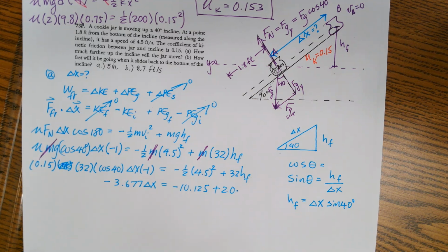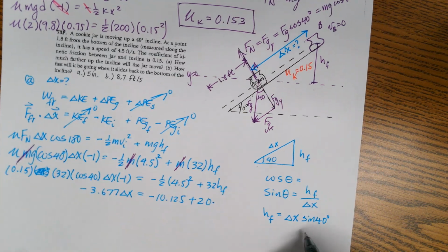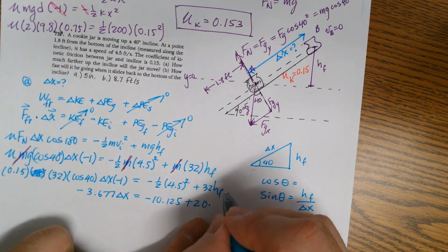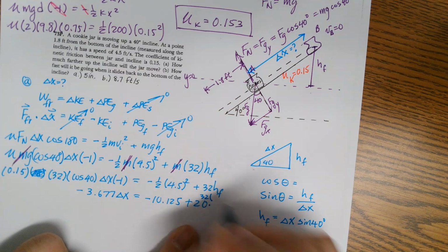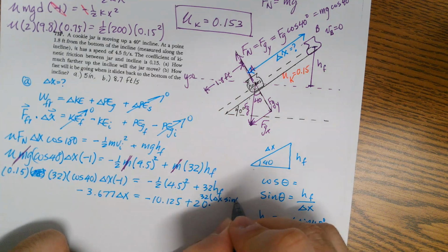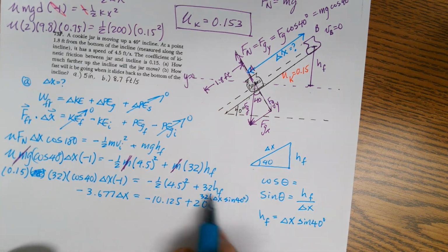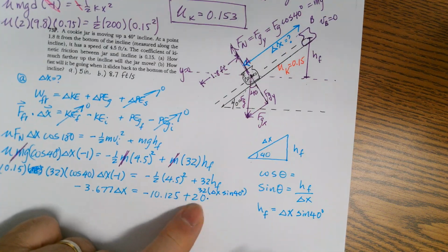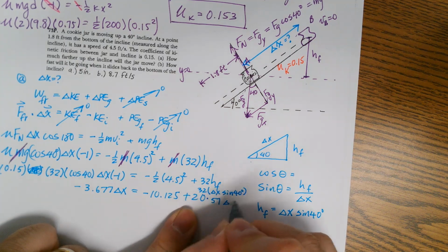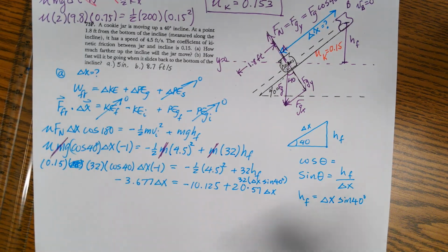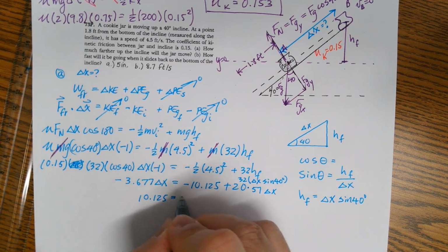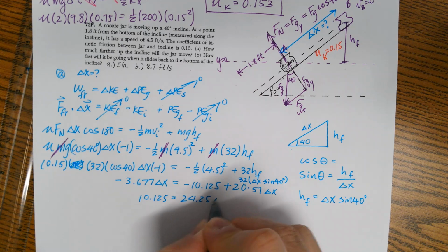So if you do that, 32 times delta x sine of 40 degrees is what mgh is. That comes out to 20.57 delta x. So if you work it out, you're going to get 10.125 is equal to 24.25 delta x.